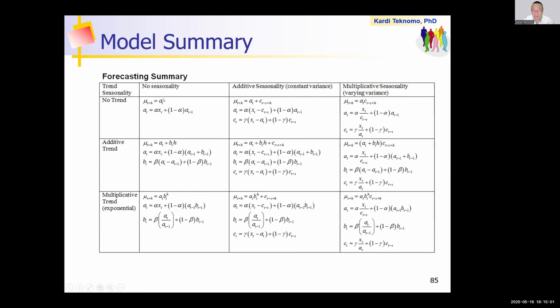Whether you assume you have trend or no trend, you have seasonality or not, and what is the seasonality? Is it additive seasonality with constant variance, or multiplicative seasonality with varying variance? So based on the assumption that you have, the formula changes.